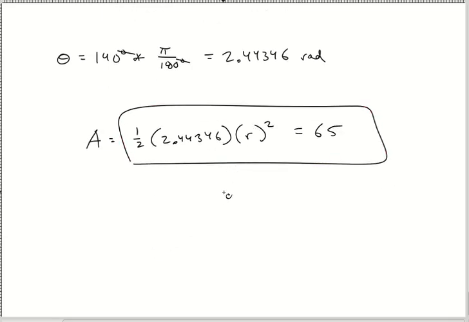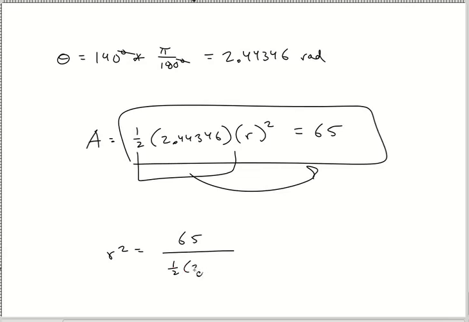Solve for r. In order to do that, I'm going to take this stuff and move it to the other side. So r squared is equal to 65 divided by half times the 2.44346. I'm going to put that in the calculator. On my paper, I did not do it this way. I simplified at the very, very end.